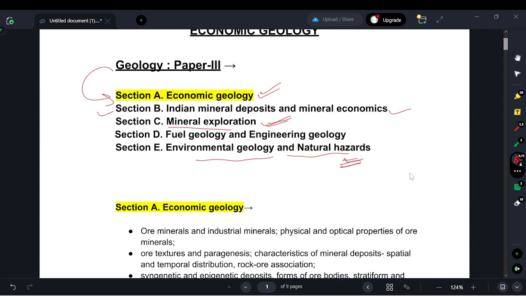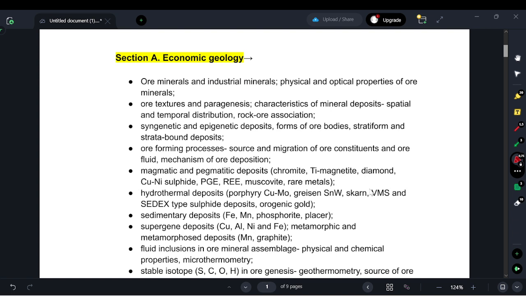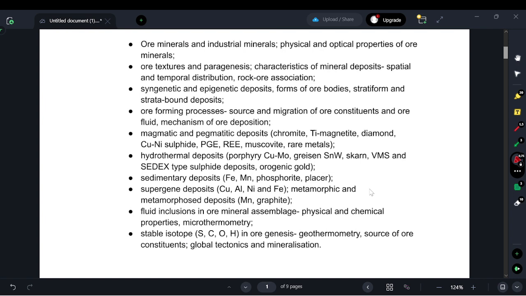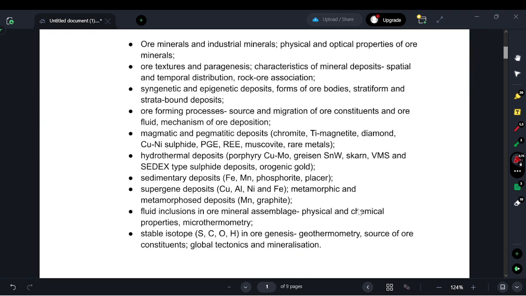The people are still joining. Okay. So we are moving toward section A, that is economic geology. In economic geology, we will be studying the whole of the ore mineral and the industrial mineral. I have taken these words from the mains syllabus directly from that paper, so it is to the point.